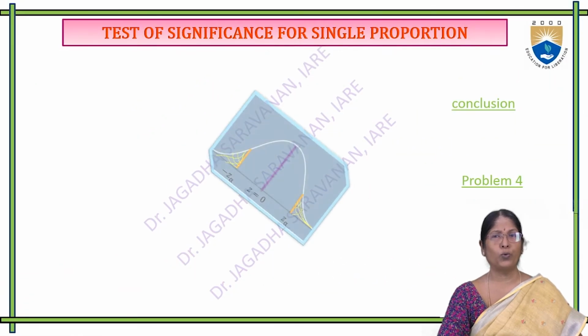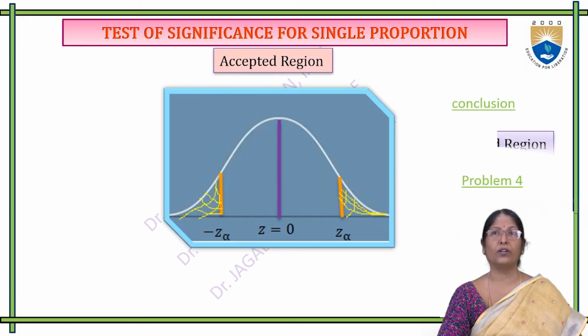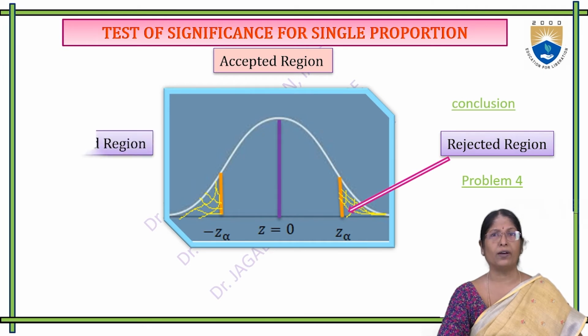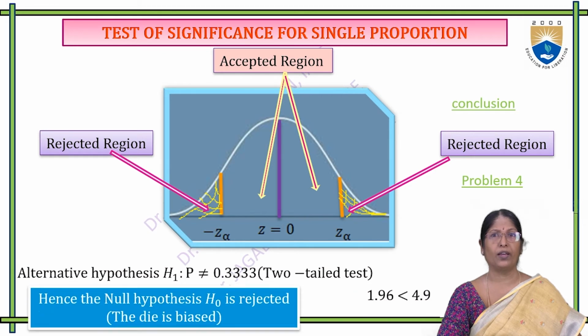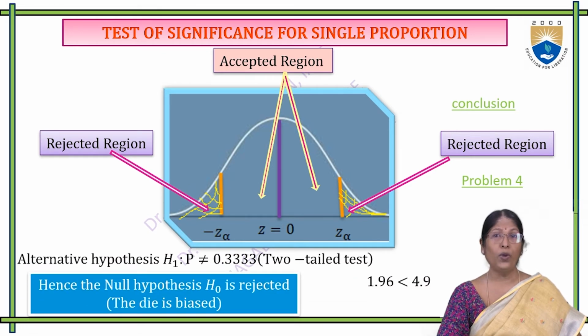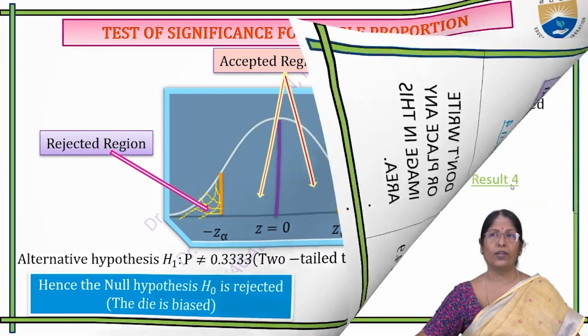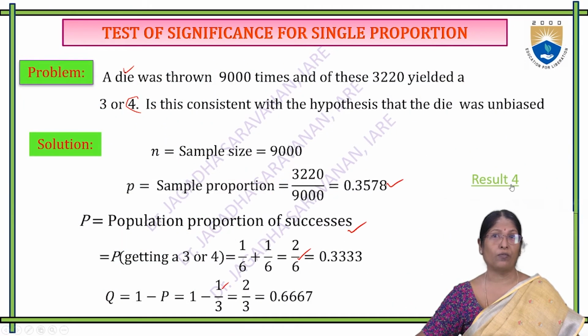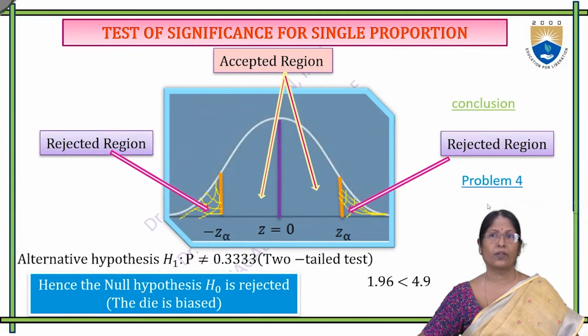So the final output of the graphical representation of this two-tailed test, with arrow marks of accepted and rejected regions: we defined the null hypothesis for this particular problem, that capital P, the population proportion, equals 0.333.